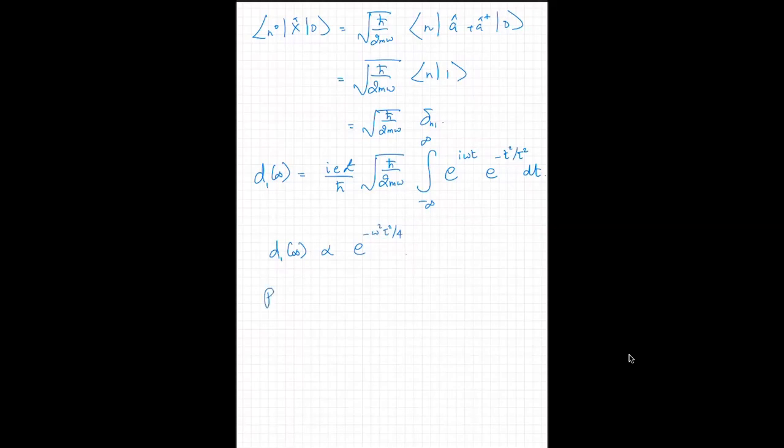In other words, the probability for the state to go from 0 to 1 is basically, let us say that this is equal to some k times e^{-omega^2 tau^2/4}, then the probability is |k|^2 e^{-omega^2 tau^2/2}. Okay, so please calculate k yourself, or you can just look up Shankar's book and the answer is given over there. So practically speaking, this is how you solve problems in time-dependent perturbation theory.